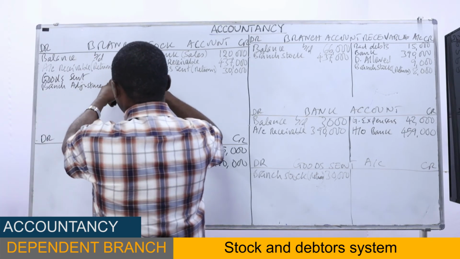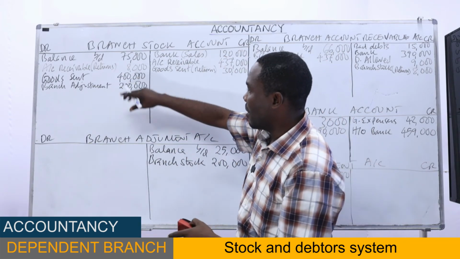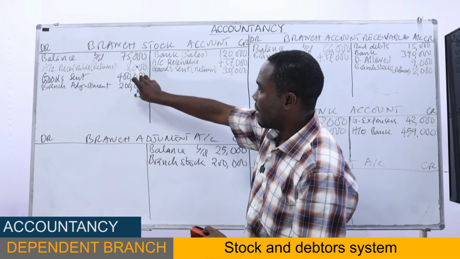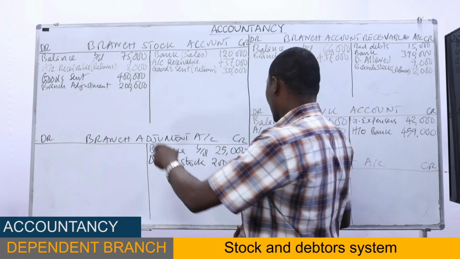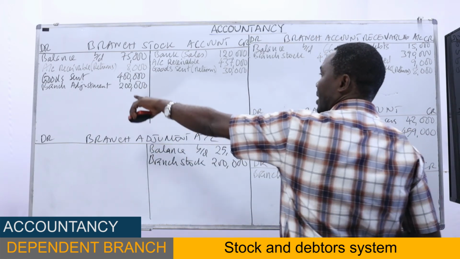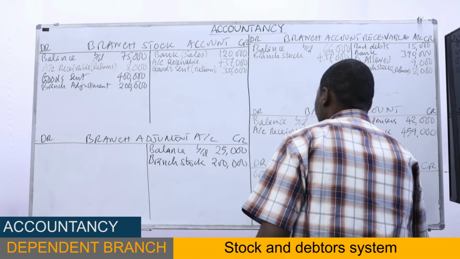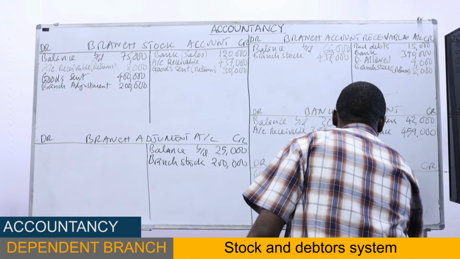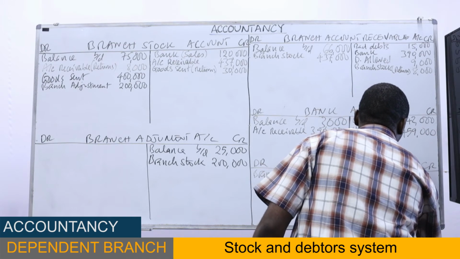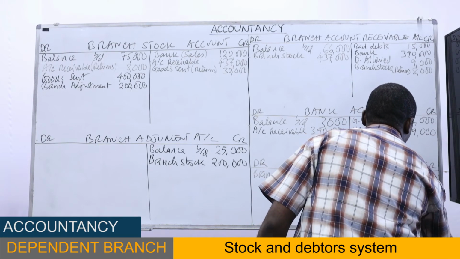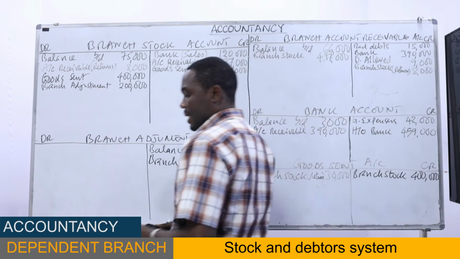You may also write goods sent 600, there is no problem. But of course the double entry will be much better if we record it in that way. Then of course we have goods sent being credited with the 400 branch stock. That will be 400,000. What next?